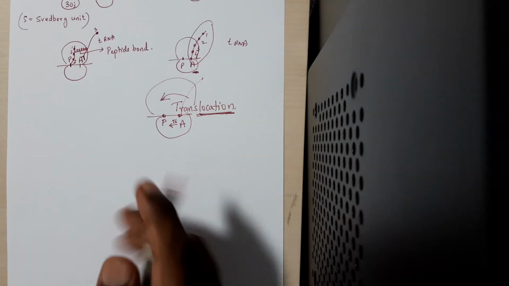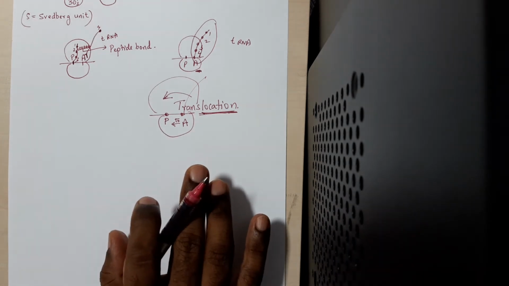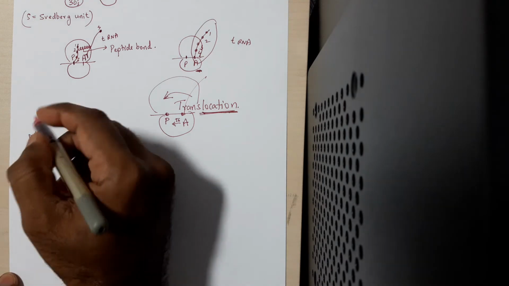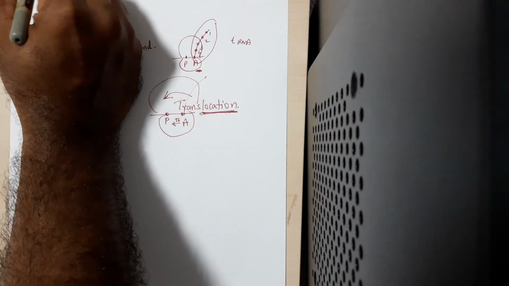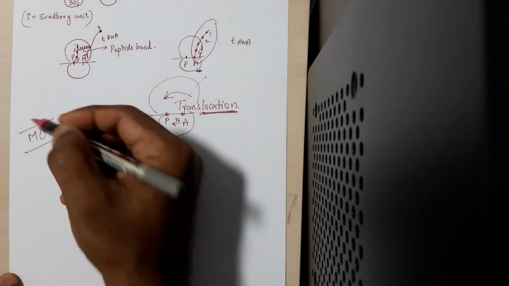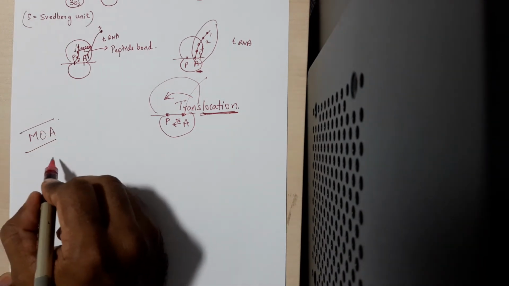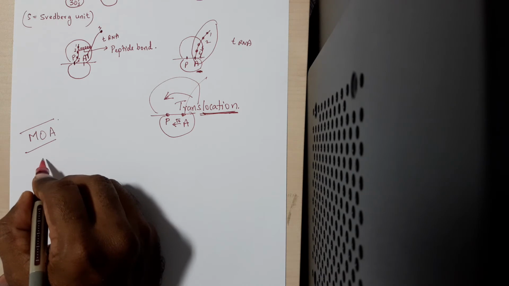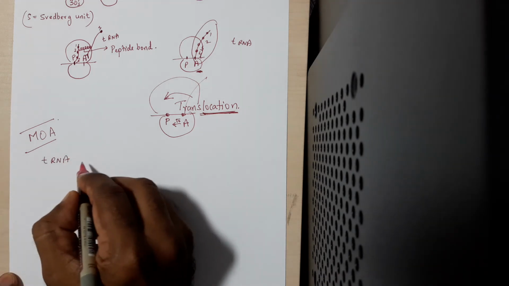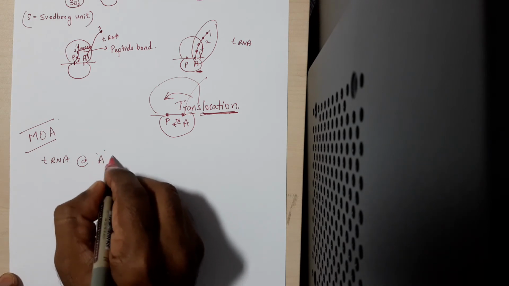Now we will see the different mechanisms of action of the drugs in this protein synthesis inhibition group. First, what drugs will inhibit the attachment of tRNA at the A site?